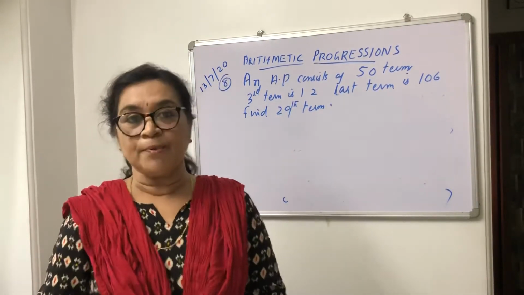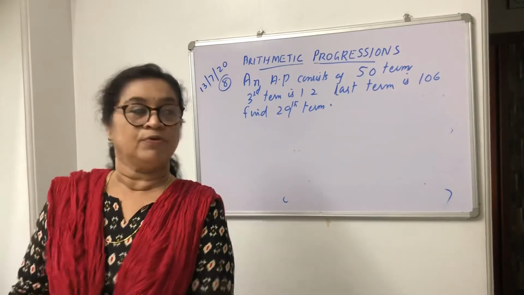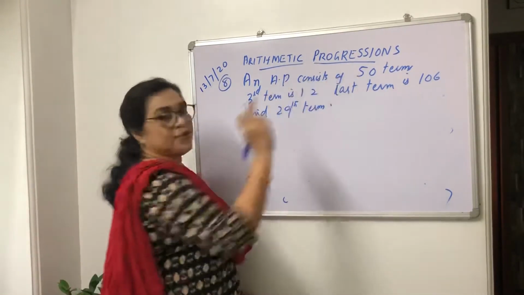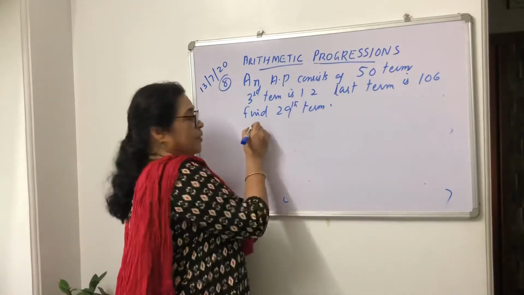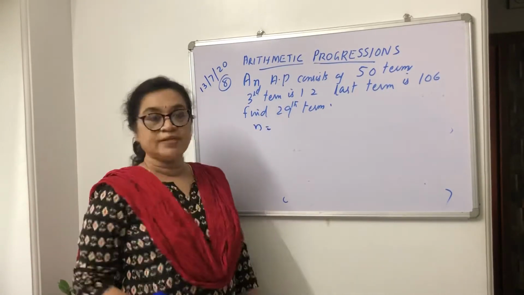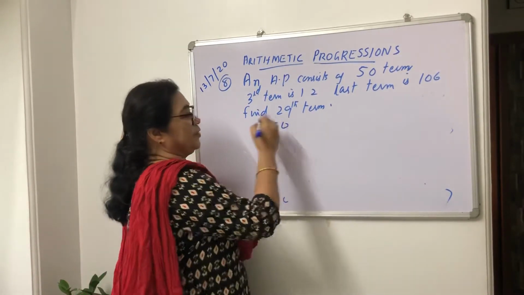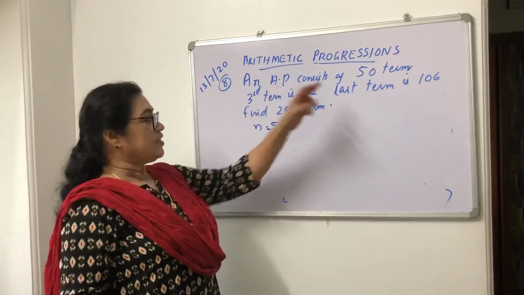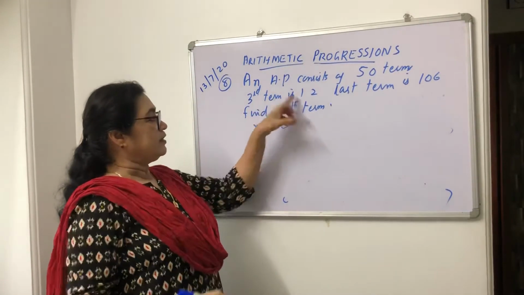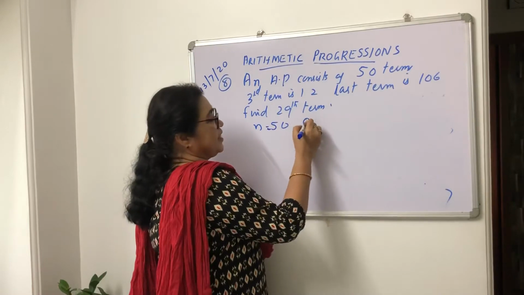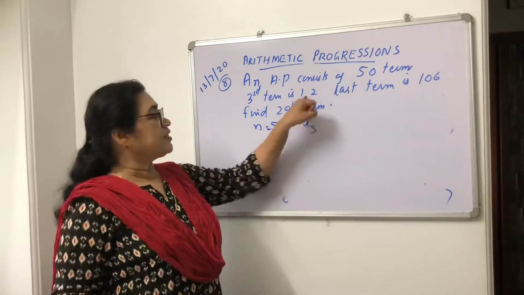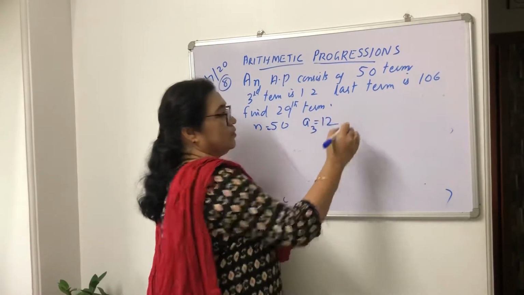So an AP consists of 50 terms. So the number of terms in the AP is 50. What is given? I am going to write down the third term. Third term is A3. A3 is given as 12.